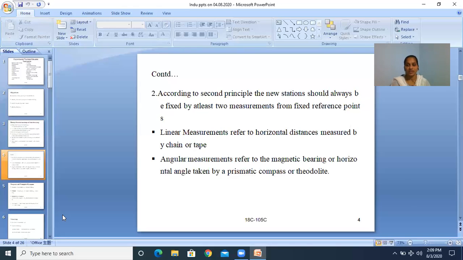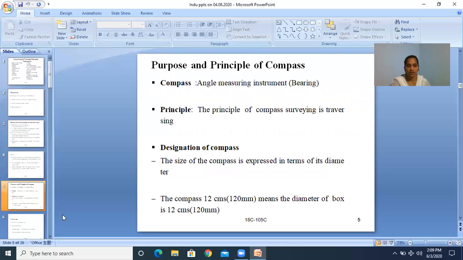That's why we need angular measurement instruments, for measuring bearings or horizontal angles, by prismatic compass or theodolite.